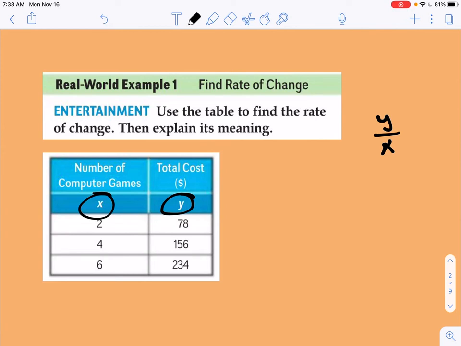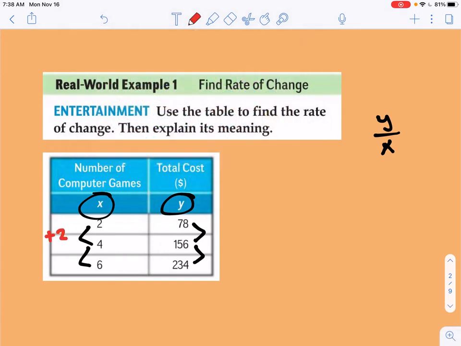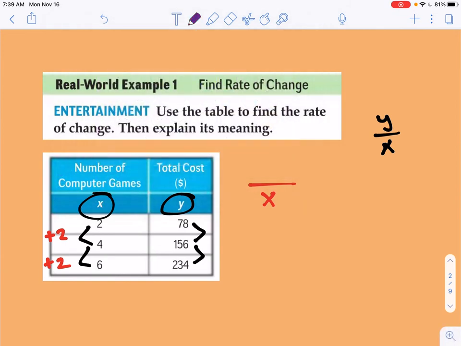In order to find the rate of change, all you have to do is look at the increments and how this goes up. On your x, and I'm going to color code this, it goes up 2 every time. And then your y, I'm going to use another color, purple, it looks like it's going up 78 each time.